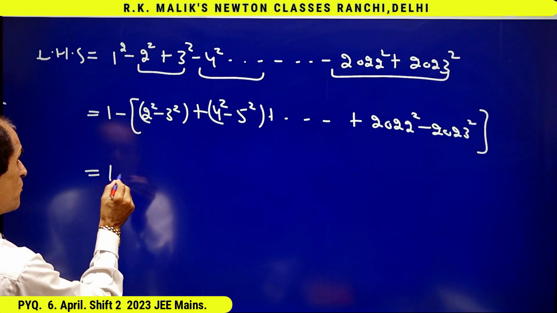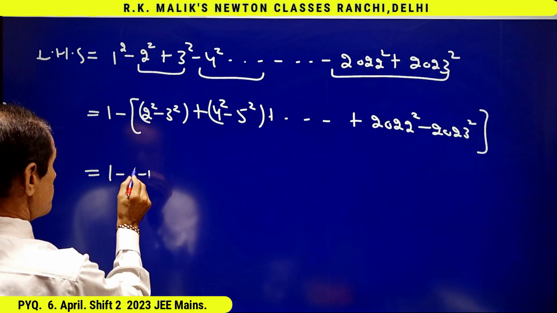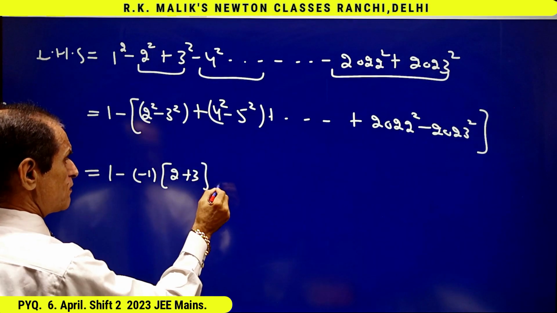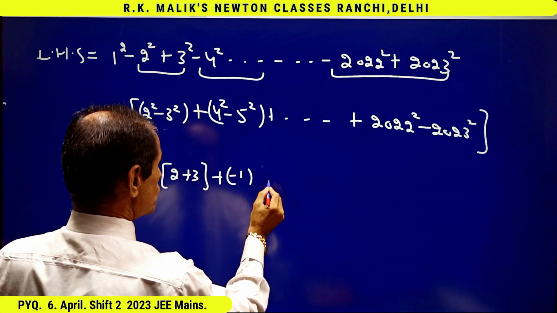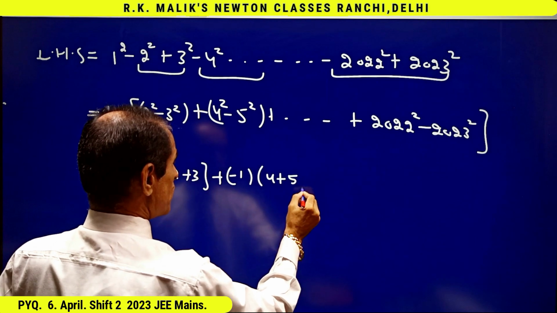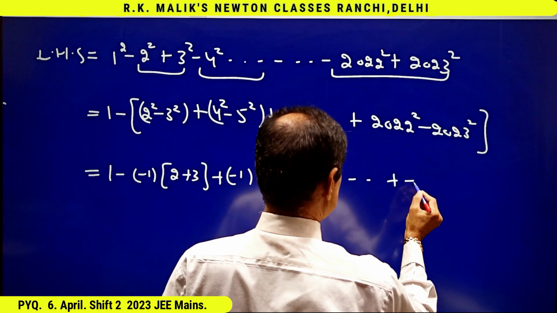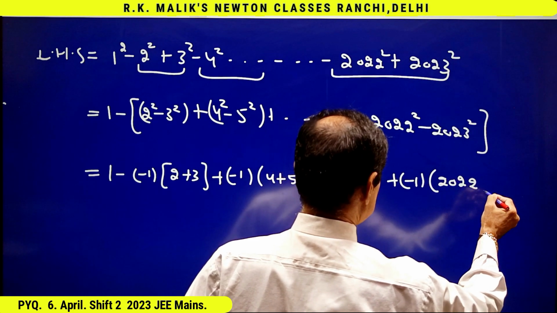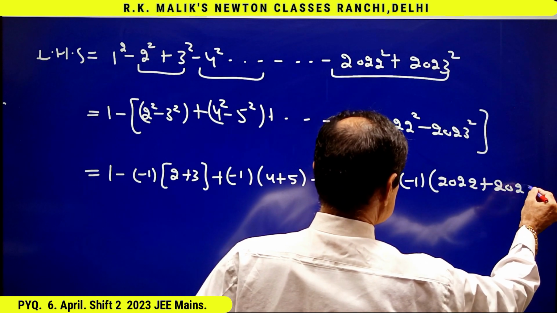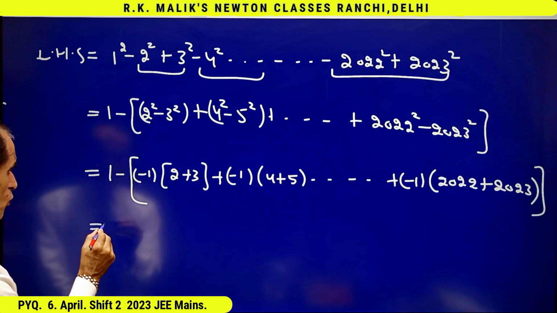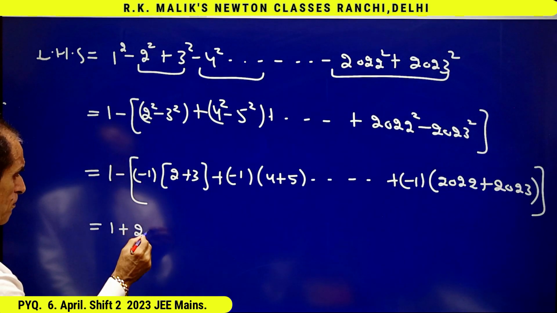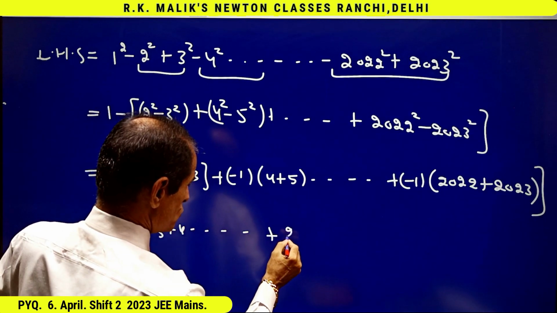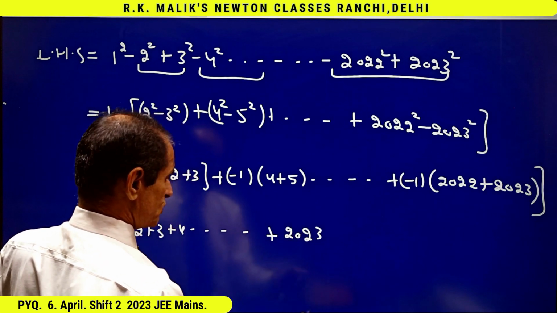This is equal to 1 minus 1 into 2 plus 3 minus 1 into 4 plus 5 minus 1 into 2022 plus 2023. This is equal to 1 plus 2 plus 3 plus 4 up to 2023.